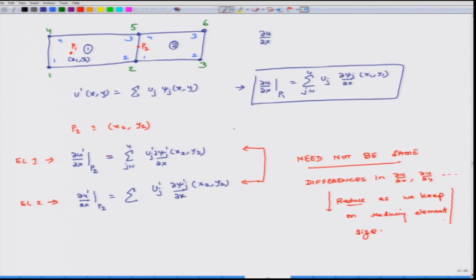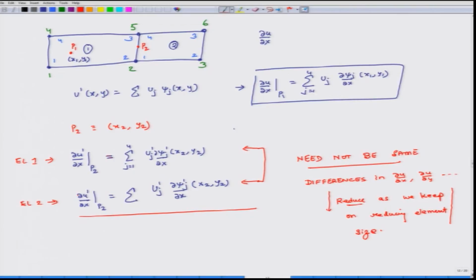So, these differences keep on reducing as we keep on reducing the size of the element. What we have to make sure is that we should feel comfortable that the change in derivatives as we cross the boundary of an element is sufficiently small. Only then we can say that the solution has converged if we are interested in finding out derivatives.